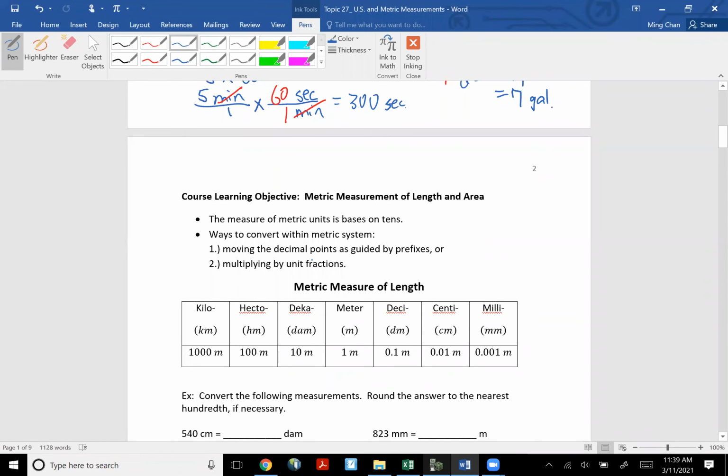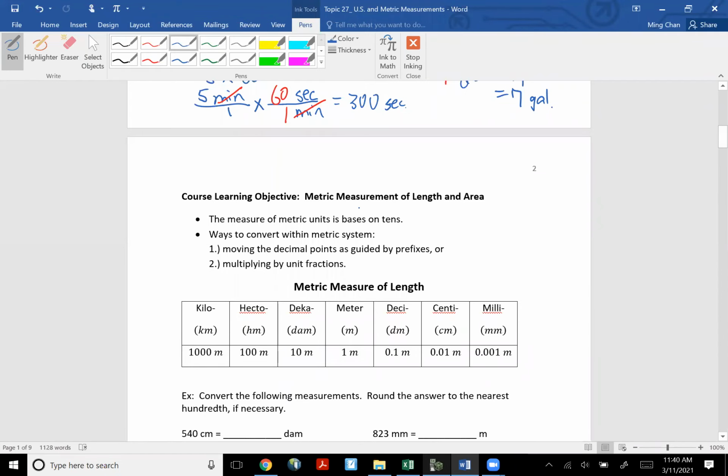Unit fractions means dimensional analysis. Dimensional analysis sometimes can be a little bit difficult here when you convert within length to length, capacity to capacity, or weight to weight. So the easiest way to convert between metric length, capacity, or weight is simply by moving the decimals.